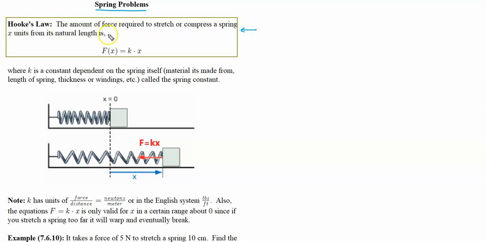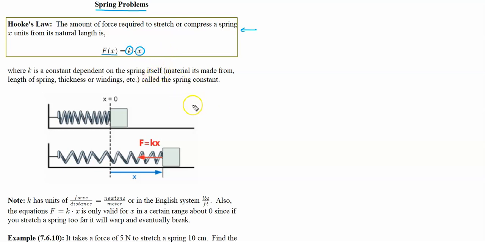Hooke's law states that the amount of force required to stretch or compress a spring x units from its natural length is given by this equation: force equals k times x, where k is a constant that depends on the spring itself, what the material is made of, how thick the spring is, how many windings it has. That's called the spring constant. So k is a constant, and x is the distance that you stretch the spring from its natural length.